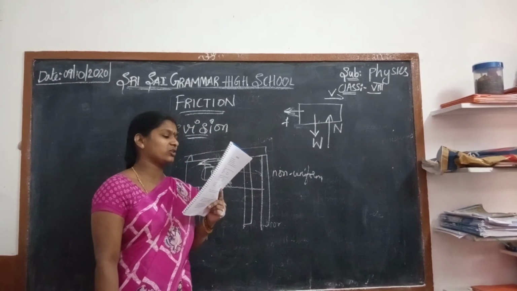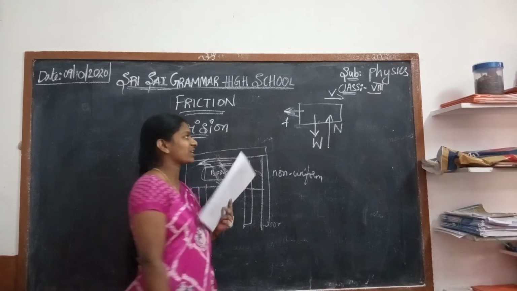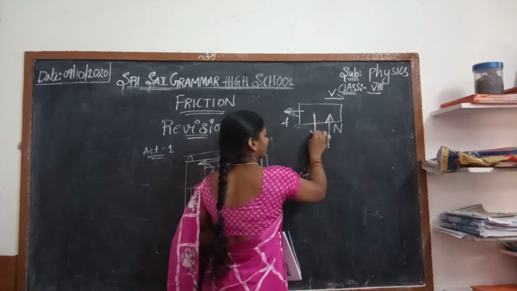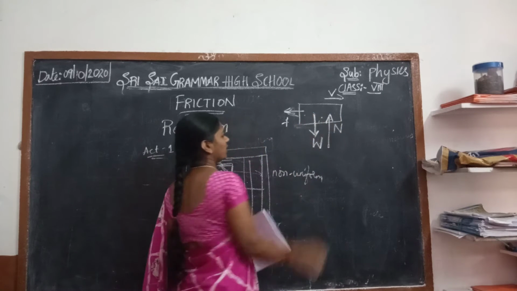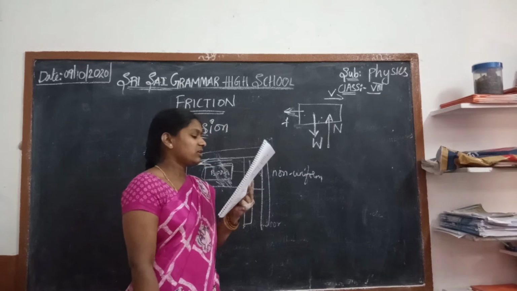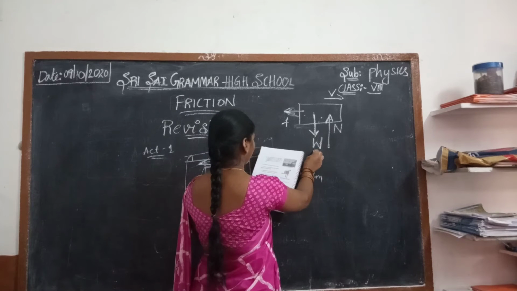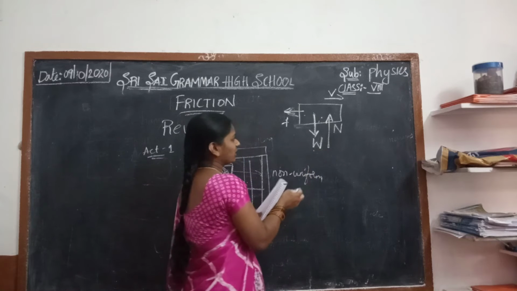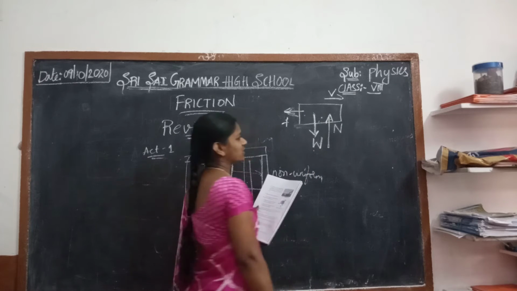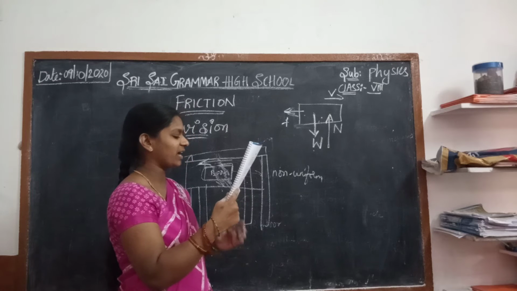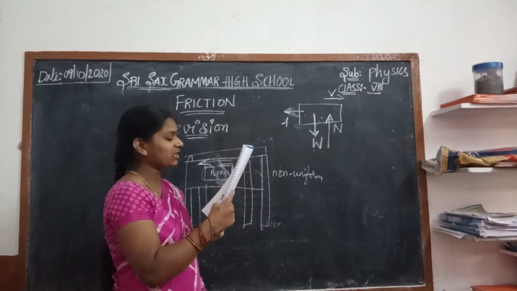Two forces act on the body in the vertical direction. One is the weight of the book, the gravitational force acting vertically downwards. The other is the normal force, or reaction force, applied by the floor vertically upwards.